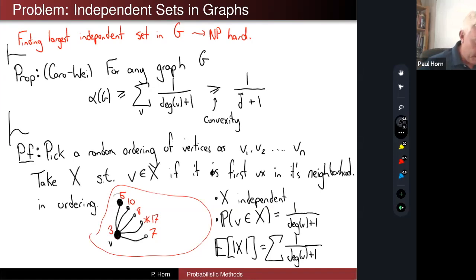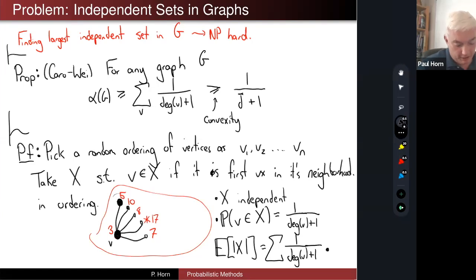And this turns out to be occasionally tight. It's tight if and only if the graph is a disjoint union of cliques. Otherwise, I can squeeze a little bit more in here. But this is another example of a proof where I can take a random process, understand an average in this random process, and it gives me some bound on something in the graph.